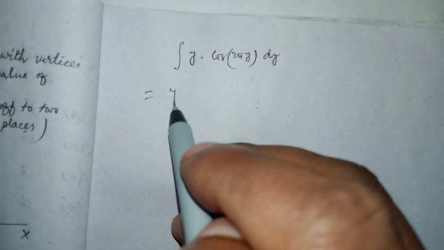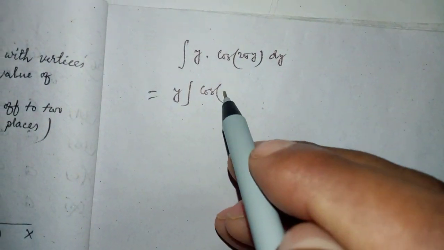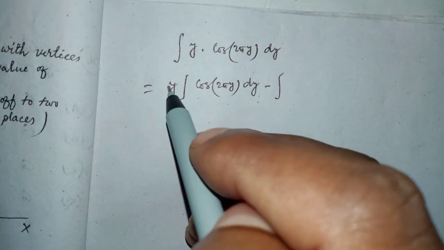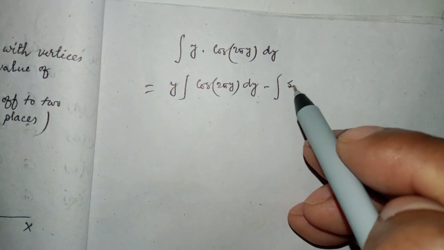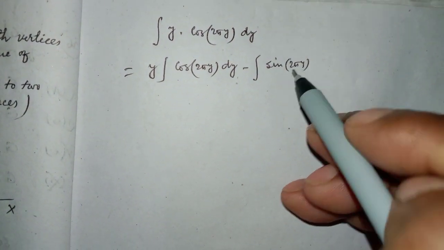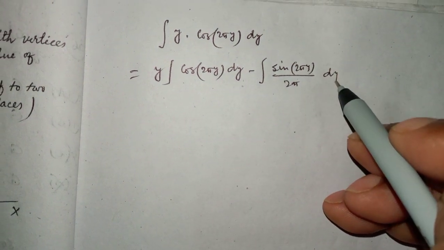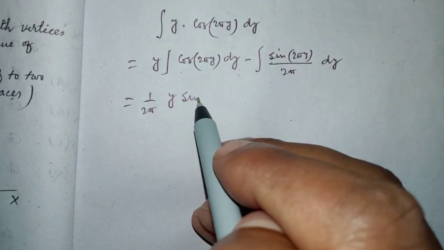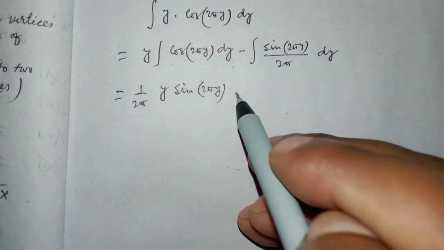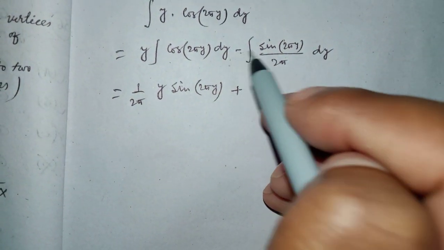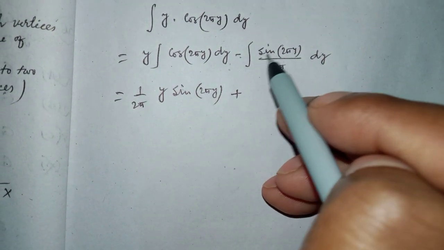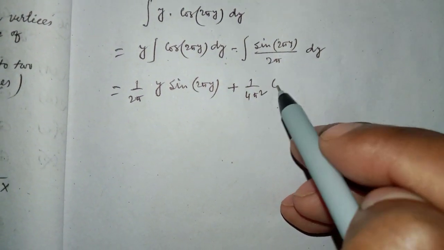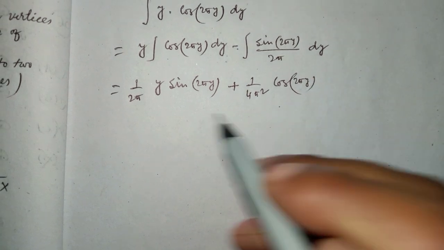This equals y times the integration of cos 2πy minus the integration of the derivative of y, which is 1, times sin 2πy by 2π dy. This equals 1 by 2π y sin 2πy plus 1 by 4π square cos 2πy.